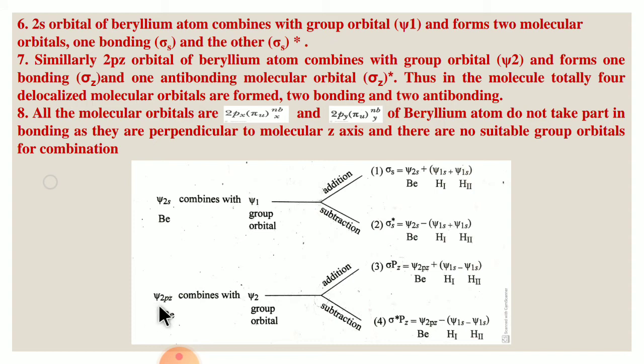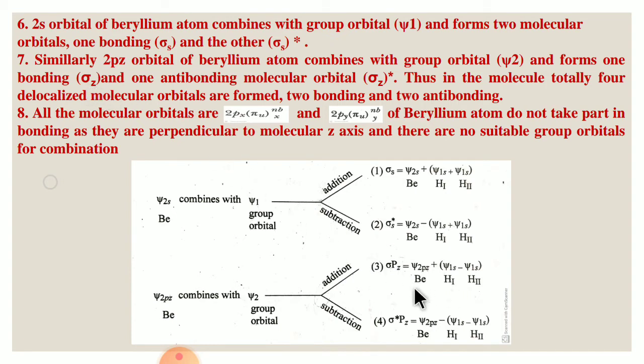Similarly, the psi 2pz orbital of beryllium combines with the psi 2 group orbital. By addition, it forms the bonding molecular orbital, that is sigma pz, as shown here.